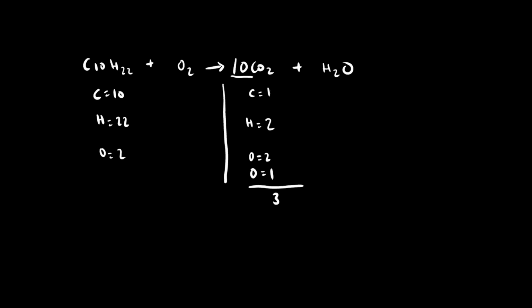So now we have 10 carbon on the right, and we have 20 oxygen plus 1, making it 21 total oxygen on the right.